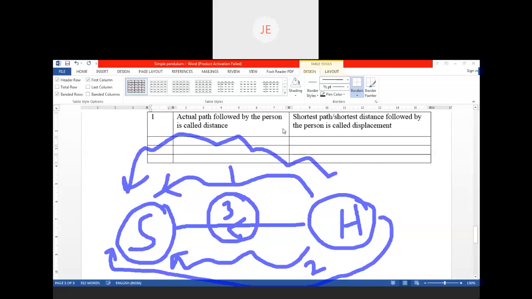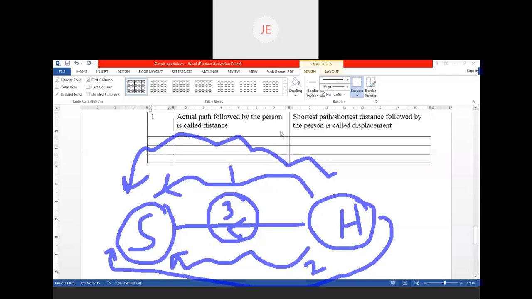Let me give one more example. Within the school itself, if you want to reach from the ground floor to the third floor, the high-tech physics lab, you can follow the steps, or you can also take the lift.